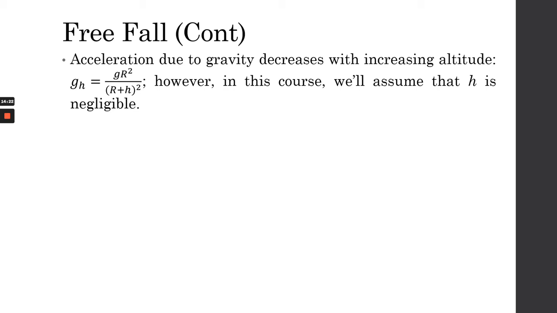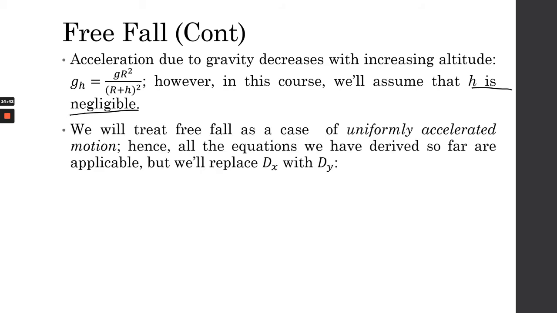But for all intents and purposes of this class, we will assume that the height is negligible, the same way that we will always assume that air resistance is negligible. So if air resistance is negligible and the height is negligible, then we'll always have a free falling motion, and the acceleration due to gravity that causes the objects to fall freely is uniformly accelerated.